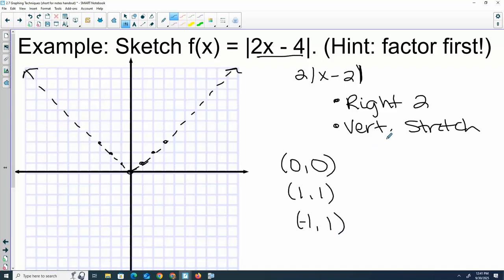Especially with the stretching and shrinking, I think sometimes that can be helpful. If I'm dealing with the stretch, it's outside, so it's going to change my y values. And outside does what it says. So all I'm saying is that stretch just multiplies those y values by 2. What else do we have to do?